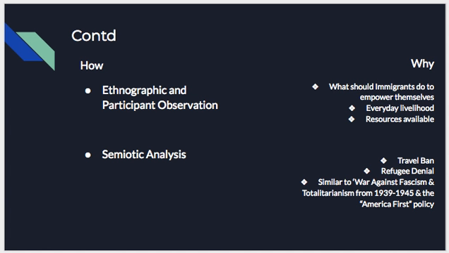I also want to connect what we're going through with the America First policy and the nationalist pride going on, and how this was similar to the war against terror in 1930 and 35 with fascism and totalitarianism.